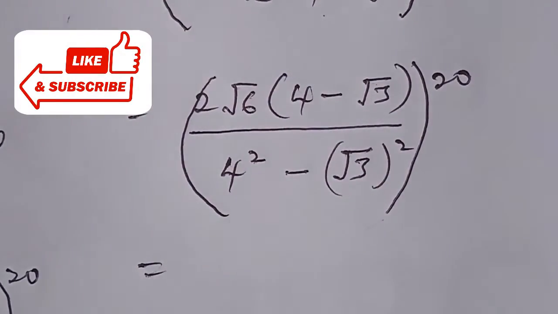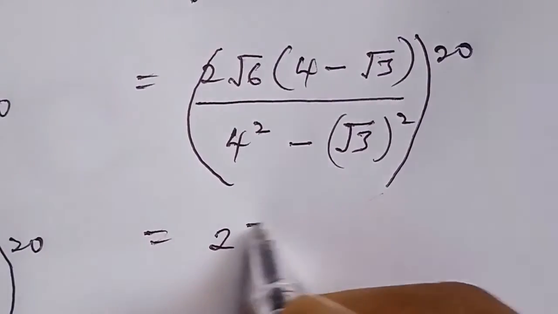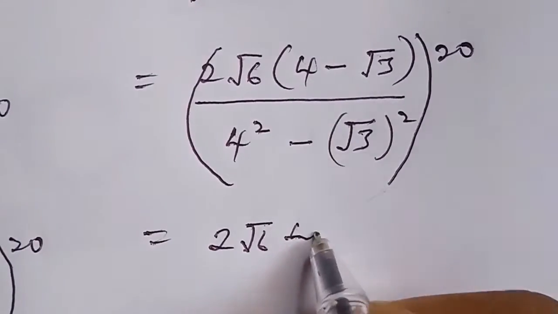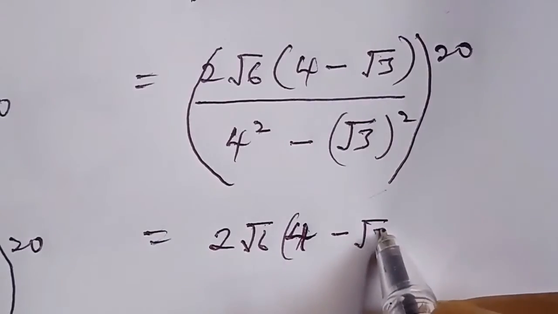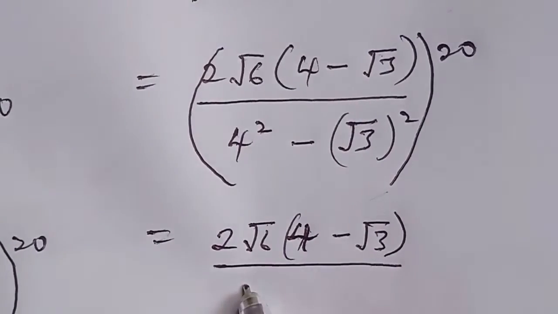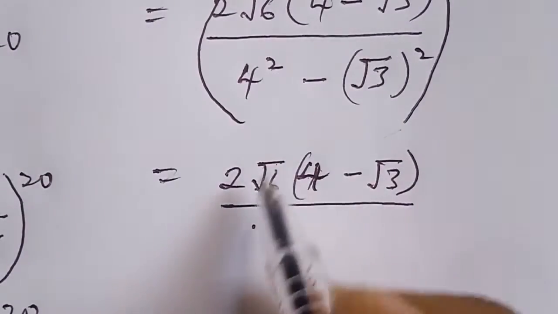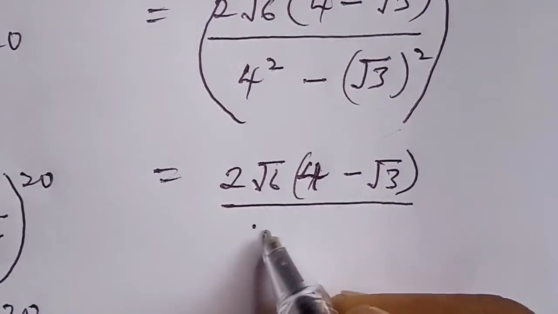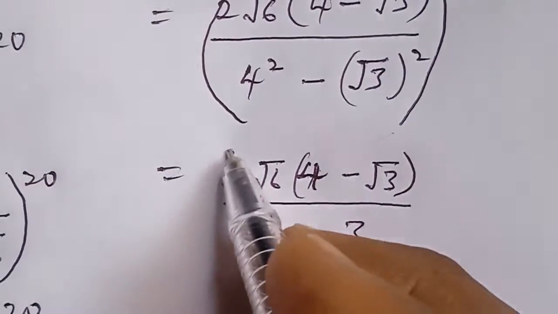And this will be equal to 2 square root of 6 into bracket 4 minus square root of 3 over 16. 4 squared will give us 16 minus 3.